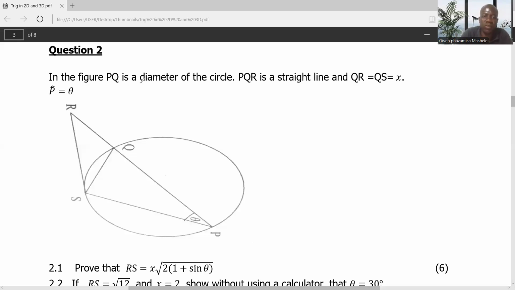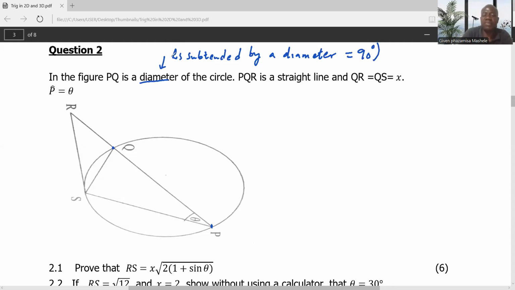They told us that PQ is a diameter, from P to Q. So we have to use the theorem of the diameter, which says the angle subtended by a diameter at the circumference is equal to 90 degrees.